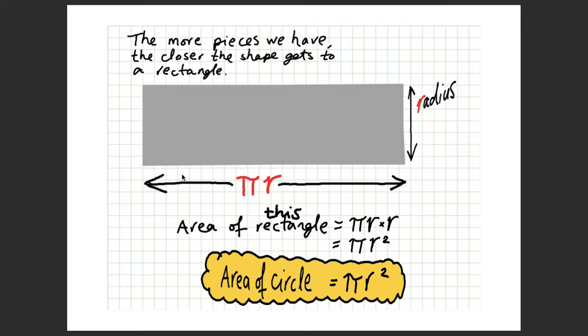Now that rectangle is just the circle cut up and rearranged, so that means the area of a circle is pi times r squared, pi r squared. So that's how we get the famous formula for the area of a circle being pi r squared.